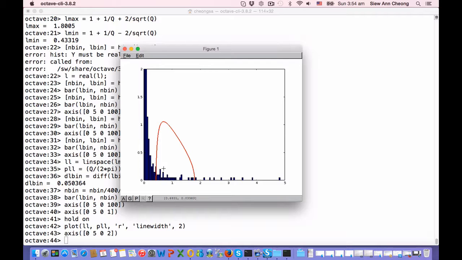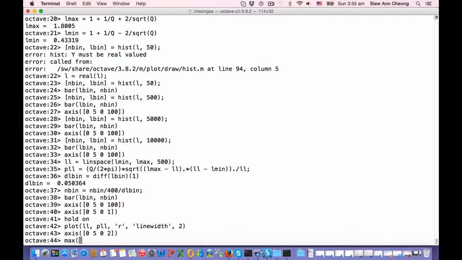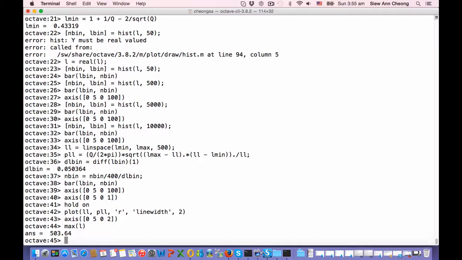So you can see that in the real data there can be eigenvalues that are a lot larger than the maximum theoretical eigenvalue, as well as eigenvalues that are a lot smaller. In fact, the largest of the empirical eigenvalues is 503. This corresponds to something called the market mode. So the eigenvector associated with this eigenvalue is called the market mode, and we will investigate that in the next video.